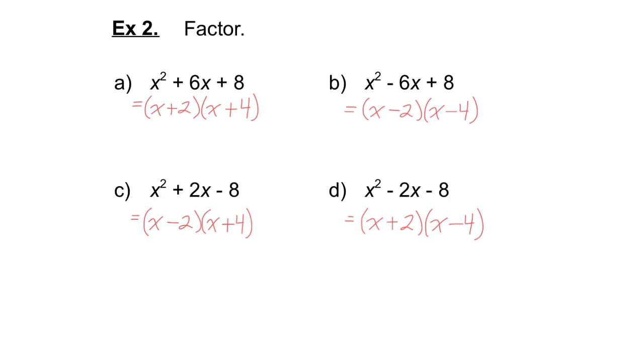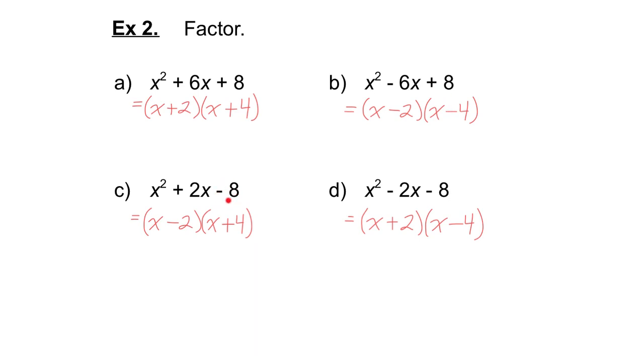In the first one, we need two numbers that multiply to a positive answer and add to a positive answer, so it makes sense that both of my numbers are positive. In the second one, we need two numbers that multiply to be positive but add to be negative. So because there's a negative in there somewhere, I know that I'm going to have a negative number in my factored form, but because they multiply to be positive, I know that they both have to be negative because a negative times a negative is a positive.